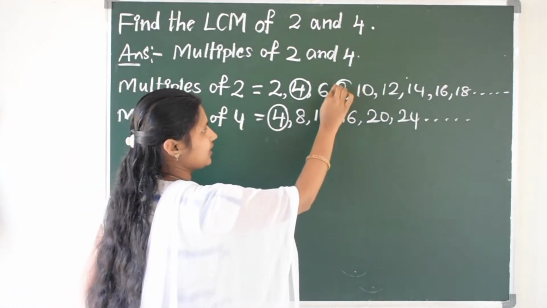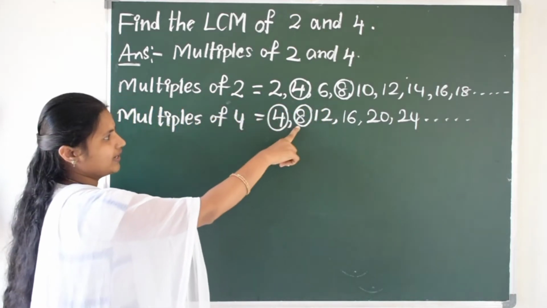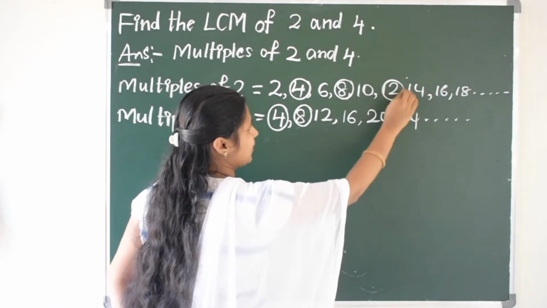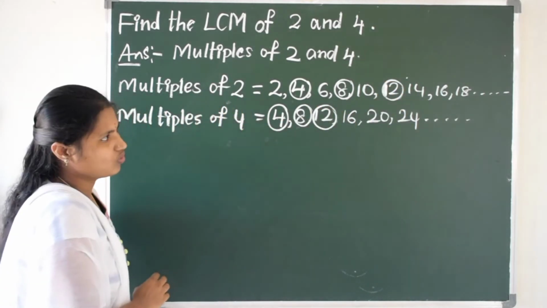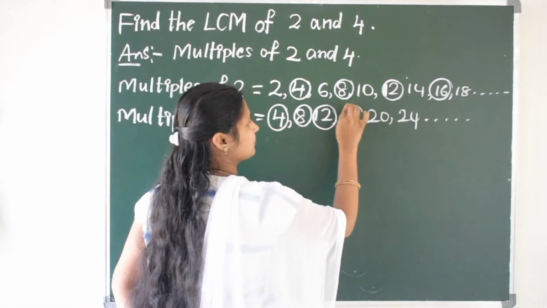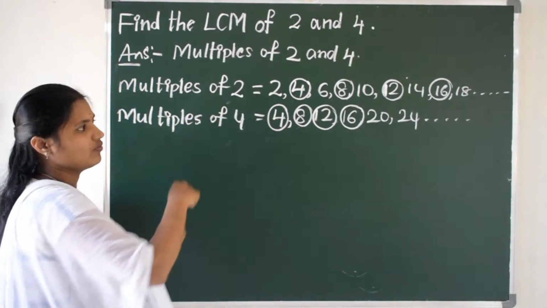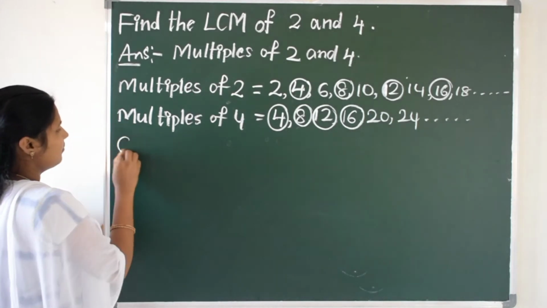And check here 8. 8 is a multiple of 2 and 8 is a multiple of 4. And very good, 12. Here also 12 is a multiple of 4. Again 16. 16 is a multiple of 2 and 16 is a multiple of 4. Write down the common multiples.